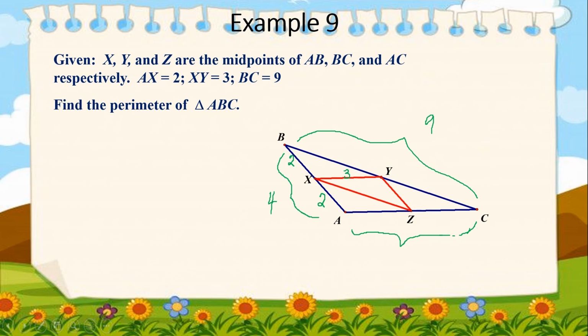Since mid-segment XY is equal to 3, we can say that AC is equal to 6. Therefore, the perimeter of triangle ABC is equal to 4 plus 9 plus 6. Therefore, the perimeter is equal to 19.